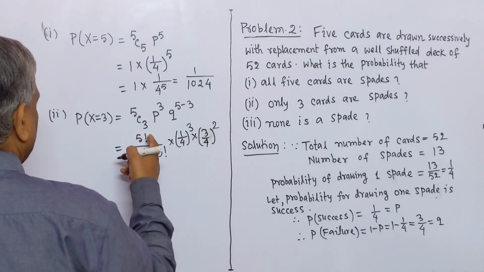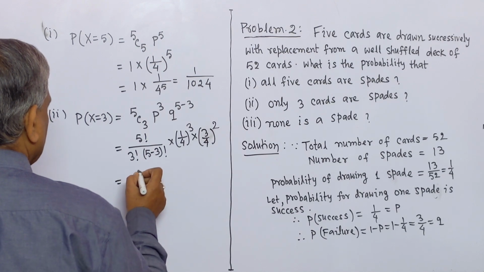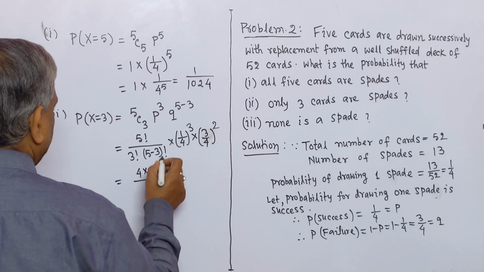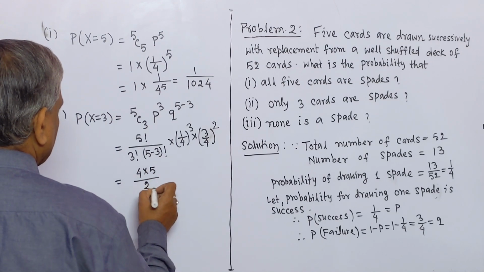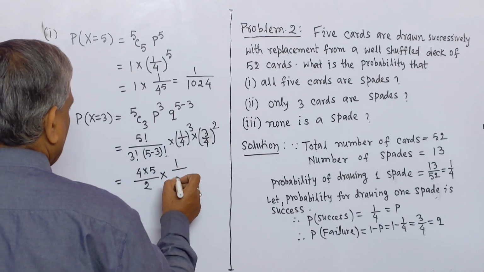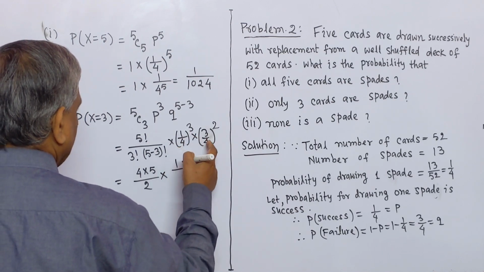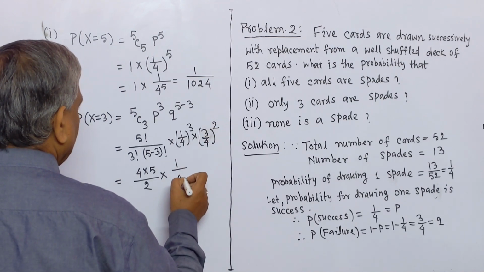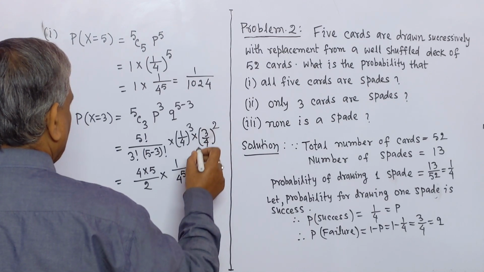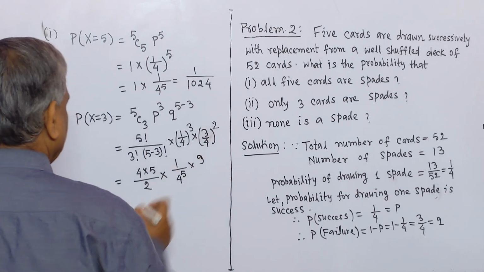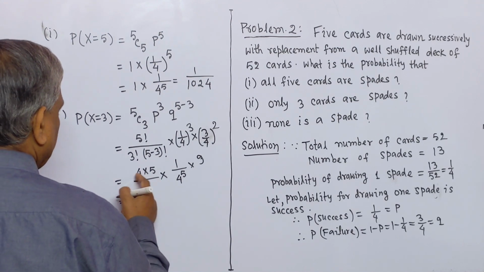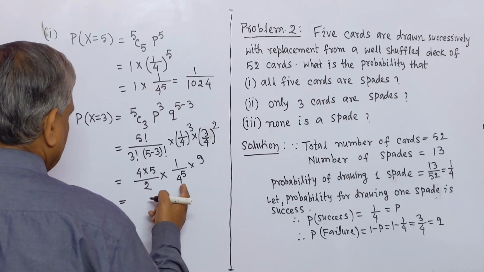Here factorial 3, here factorial 5. So remains 4 multiply 5. Here factorial 2 means 2. Multiply 1 by 4 cube, here 4 square, 4 to the power 5 and 3 square means 9. Here we get 4, here 1 4 cancel.